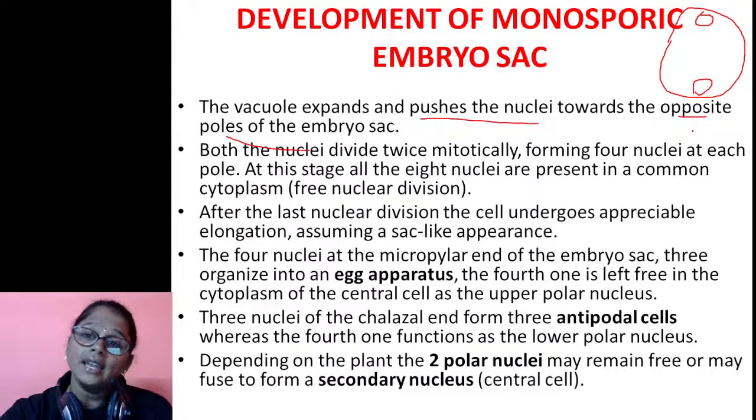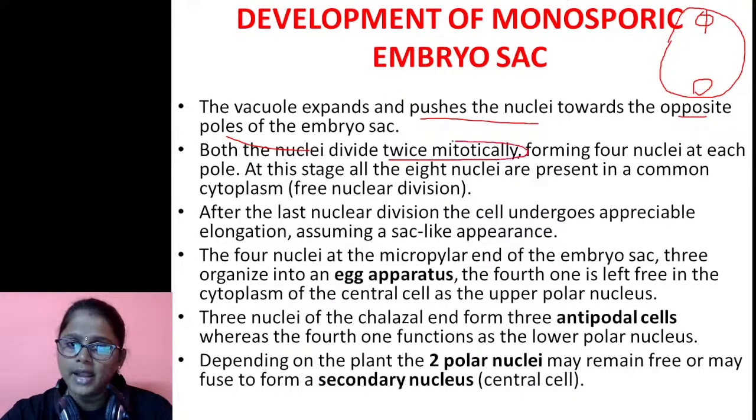So after they are reaching the pole, again they are going for the second mitotic division and then the third mitotic division. So second mitotic division வரும்போது they will be forming two cells.